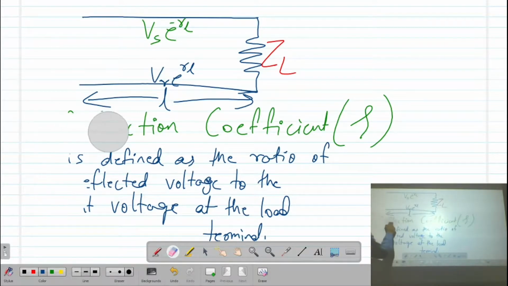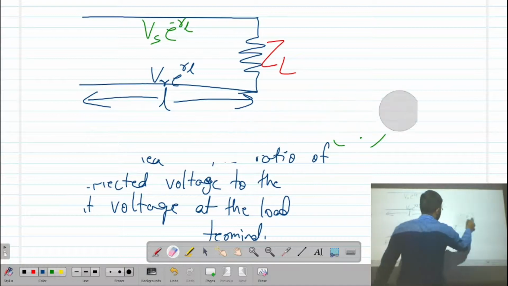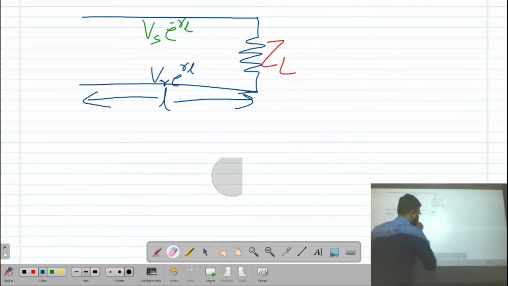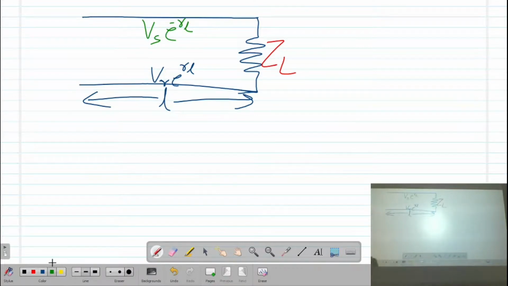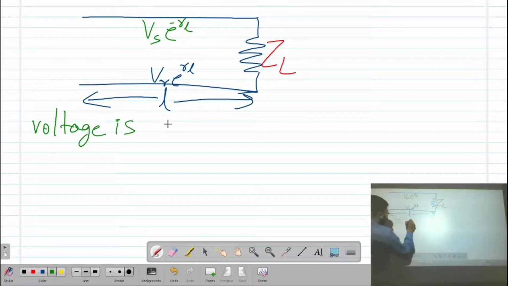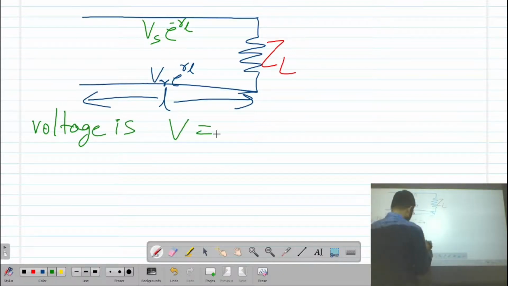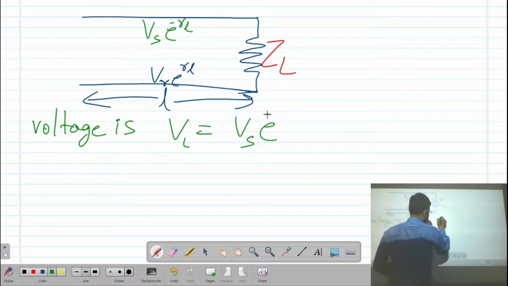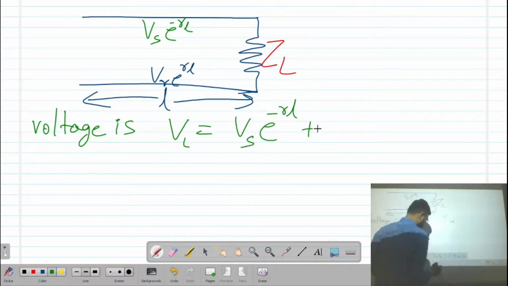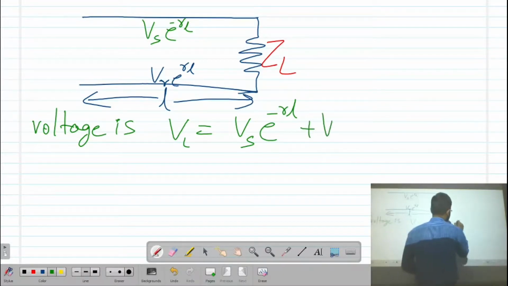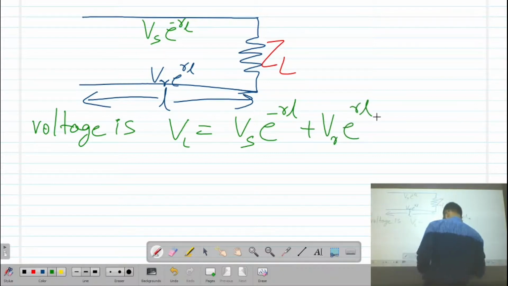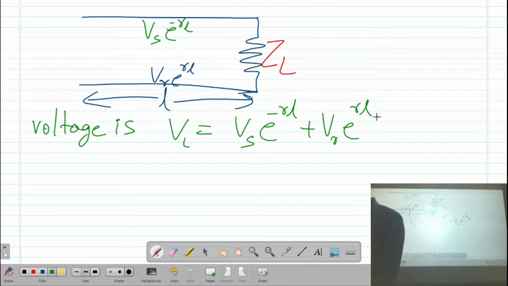So that will begin with the total voltage equation given by V is equal to VL at load is equal to Vs e raised to minus gamma L plus Vr e raised to plus gamma L. Right?